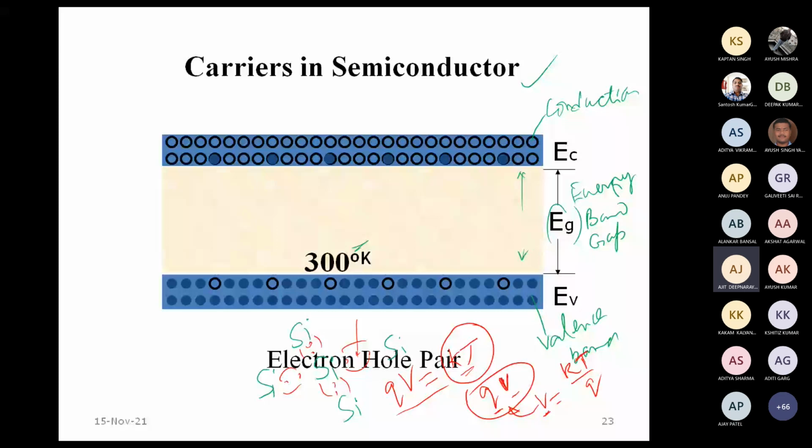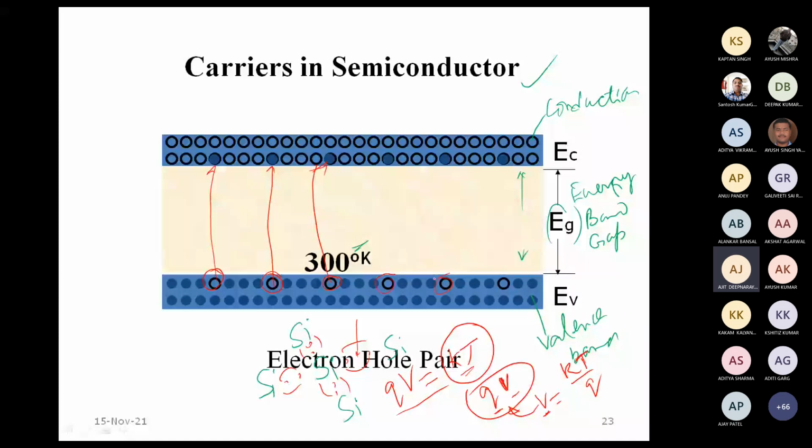A few of these lucky electrons absorb this energy and come into the conduction band. These conduction band electrons are free to move, but in their previous location they leave behind a vacant place, whose tendency is to accept electrons.